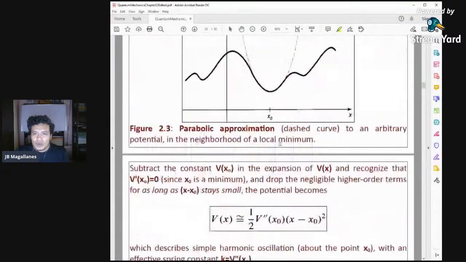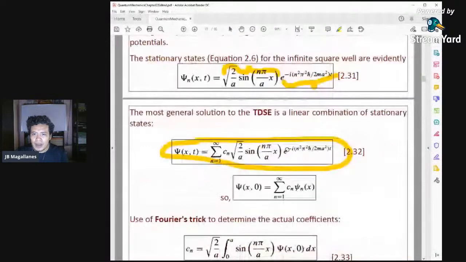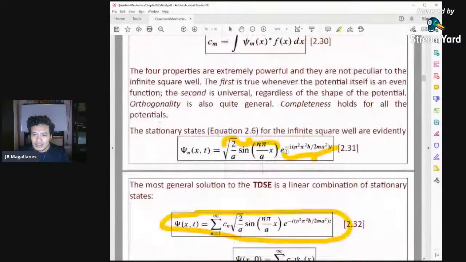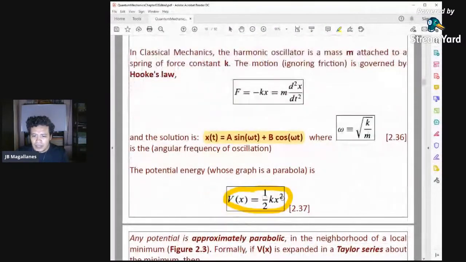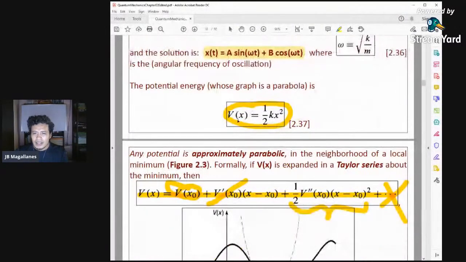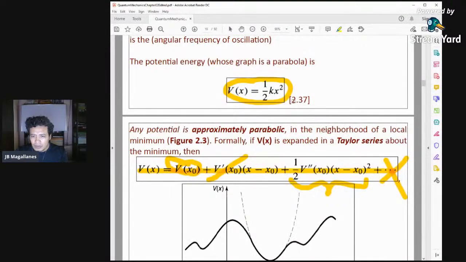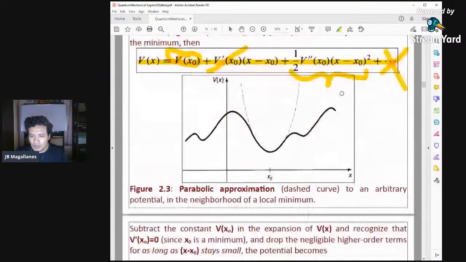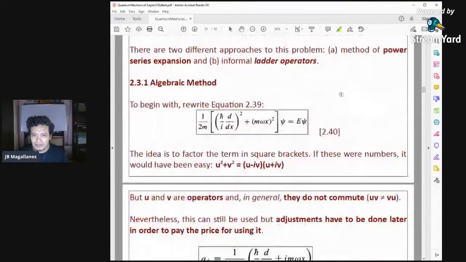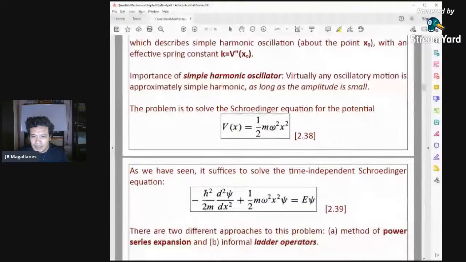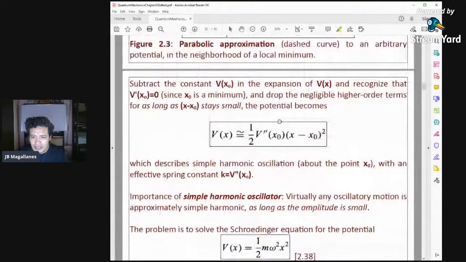If you go back and look at this formula, 1/2 is there. K would be the second derivative of V with respect to x, and then your x squared will be this one.